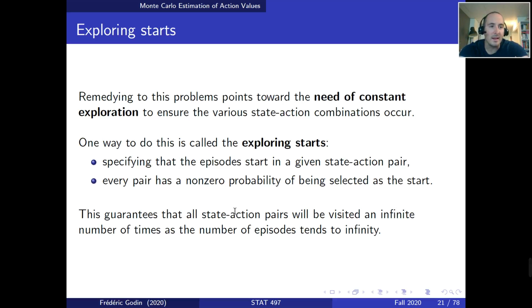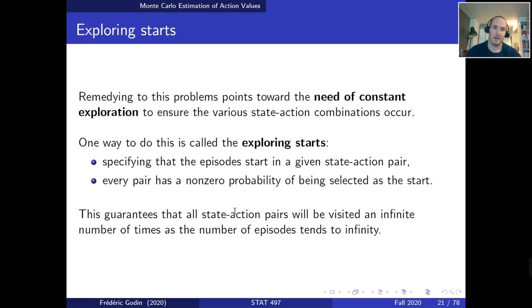If you do that and you simulate enough episodes, then you're sure to eventually stumble on some episode for which any state action pair (s, a) was used at the initial time point of the episode. As the number of episodes tends to infinity, this guarantees that all state action pairs will be visited an infinite number of times.